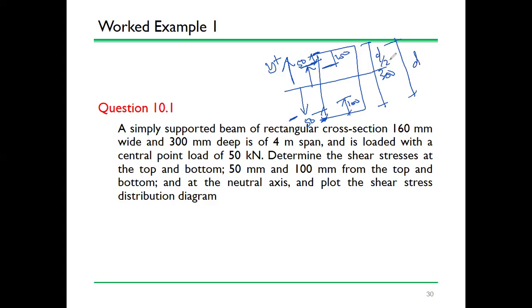So d over 2 is what? 300 over 2, which is 150. So if we want the top extreme, then y will be equal to 150. If we want this point, 50 from the top, then it means it's 150 minus 50, which will give us this distance. And similar calculations will be done.